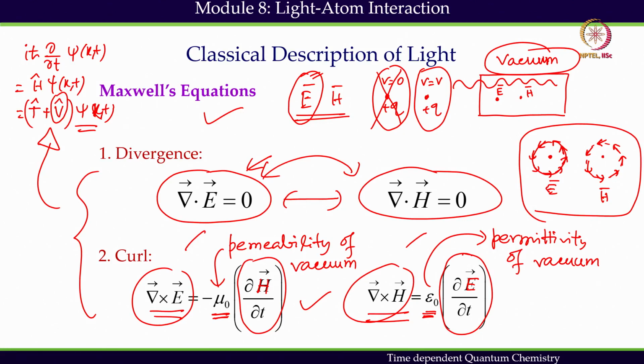We will see that we can use the scalar potential phi and the vector potential A. These are the two potentials we will use to represent the electric and magnetic fields. The potential formulation will be useful in light matter interaction, because there we will be using the time dependent Schrodinger equation, which only involves potential terms.